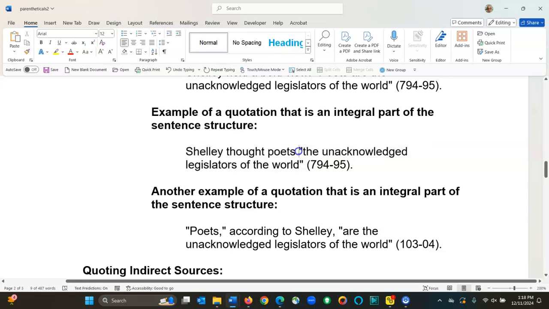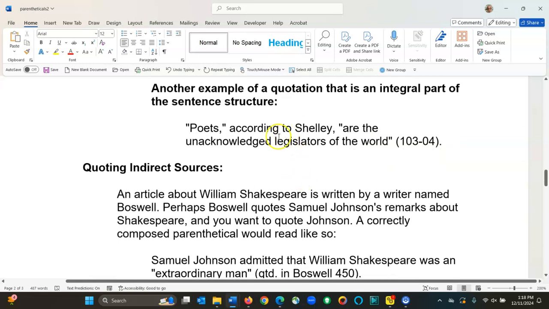That doesn't need any punctuation leading into it. Or if you were to break it up: poets, comma, according to Shelley, comma, are the unacknowledged legislators of the world. That's how you would do that. The part that's your writing goes outside of the quotation, and you're breaking up the quotation.